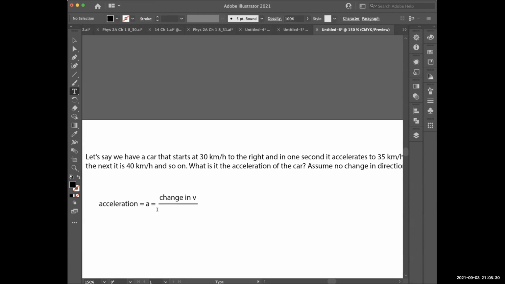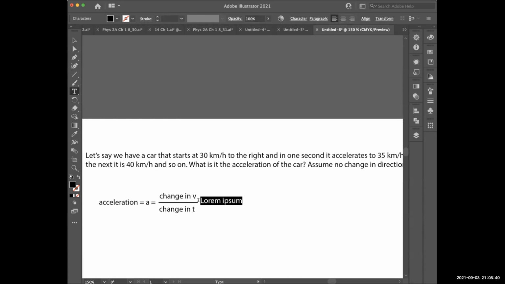So we have change in time underneath here. So it's delta V divided by delta t.